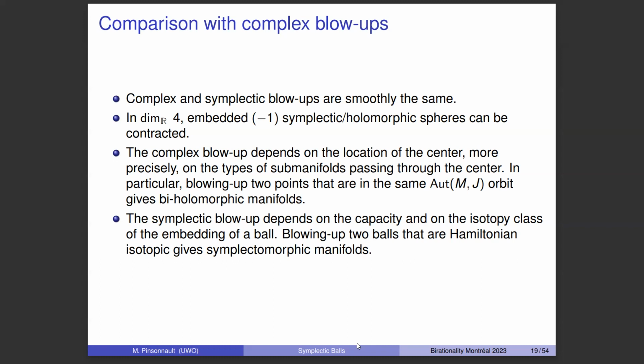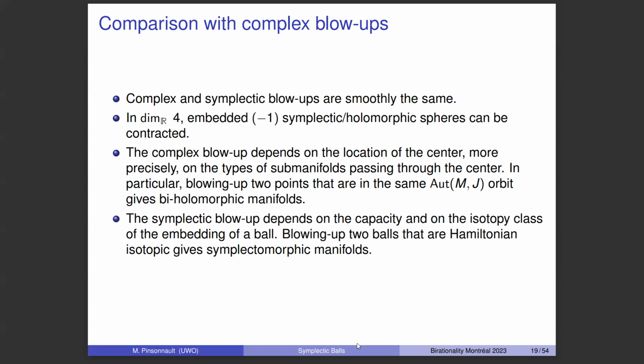Now, if you are very ambitious and a little bit ignorant, what you want to set yourself as a problem is to try to understand what collections of n points give me the same blow-up. Of course, a sufficient condition would be to take points that are holomorphically equivalent under the automorphism group of the base manifold, but that's way too demanding. So actually, it's a more subtle question to classify all these points leading to the same n-fold blow-ups.